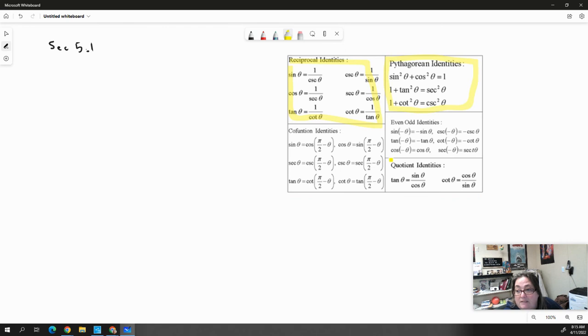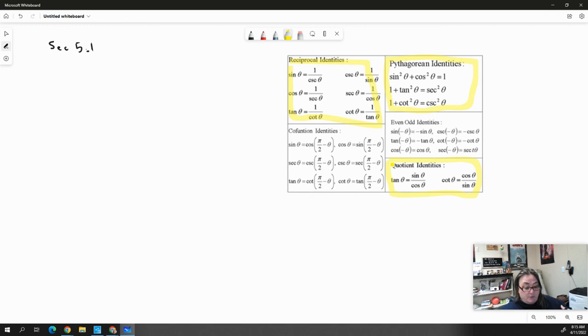And you will use these a ton. The others, they'll come up, but they won't be nearly as common as those first 3 groups. And we've played in these before, so it shouldn't be anything too new to you.